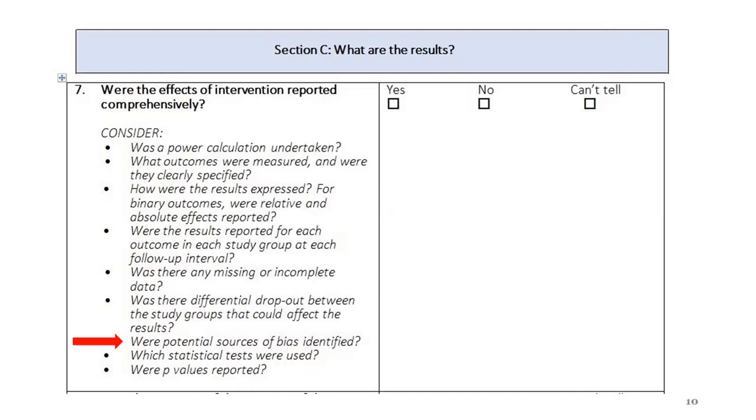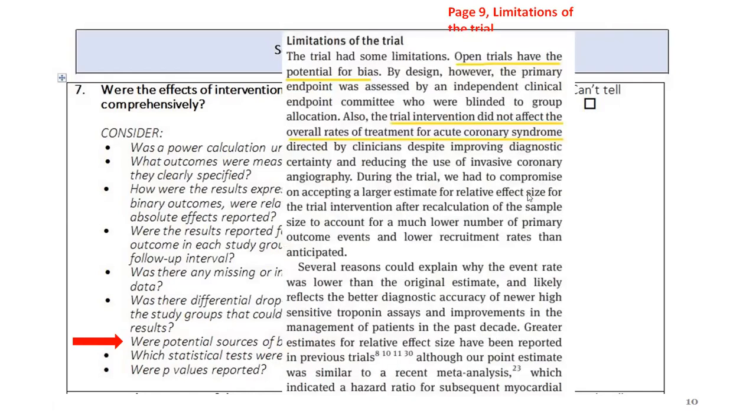So were potential sources of bias identified? If you go to page number 3, limitation of trial, it has written that the open trial has the potential for bias by design.